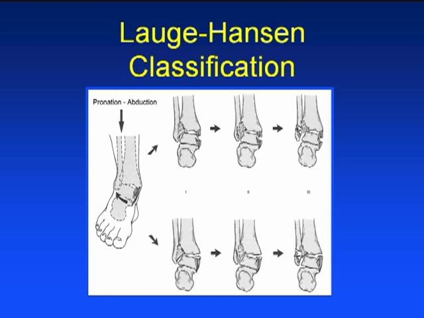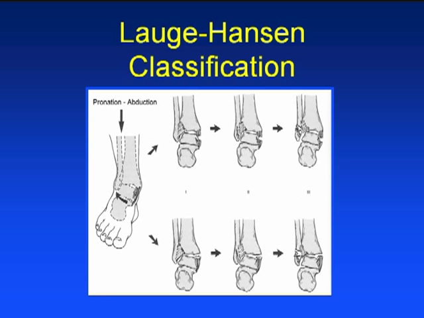Now, the next possibility is pronation, meaning the foot was not supinated, so it was everted, and then abduction. And I'm not sure how you get this injury. I think you could trip and fall and go down with your foot dragging behind you, would probably be the easiest way. The way that I imagine it happening is you're trying to stop yourself on your motorcycle, you put your foot down and it stops.